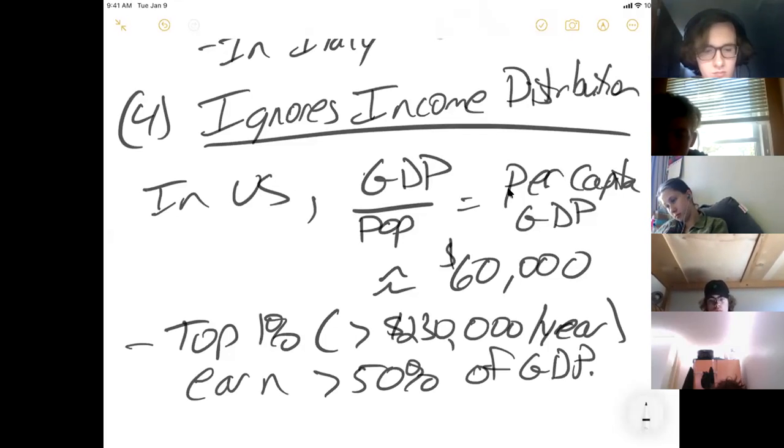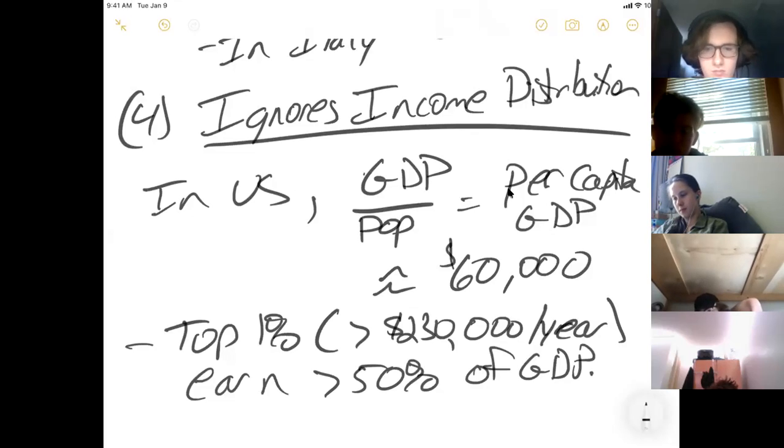Income is incredibly skewed in the US, and we will discuss this at much more length next week. There is a huge amount of income disparity, and if we look at disparity in wealth, it's even bigger.